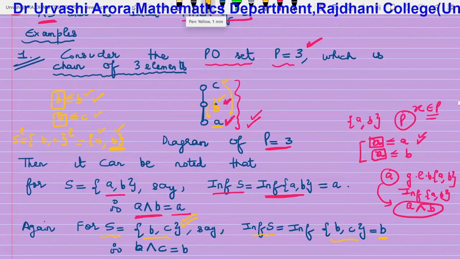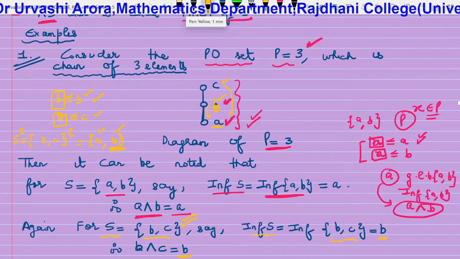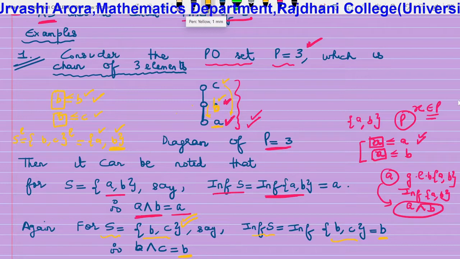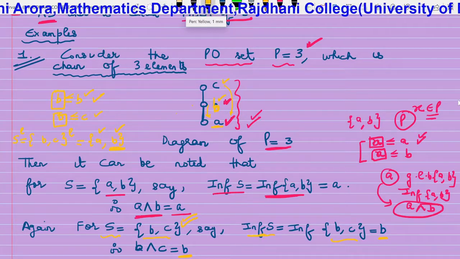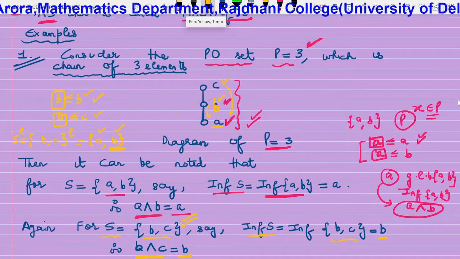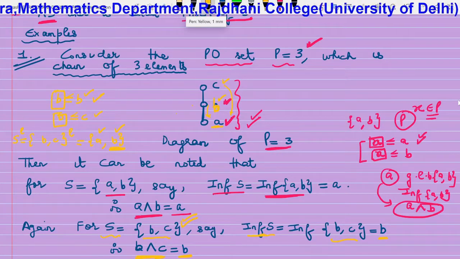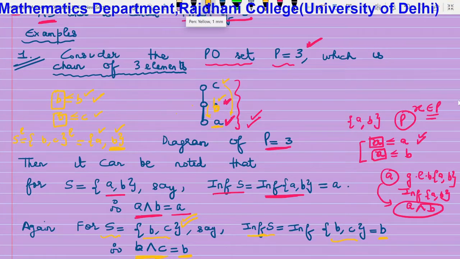So B is the greatest of all lower bounds of B and C, or we can say that B is the infimum of S, or that B is the meet of B and C, or B meet C is B.